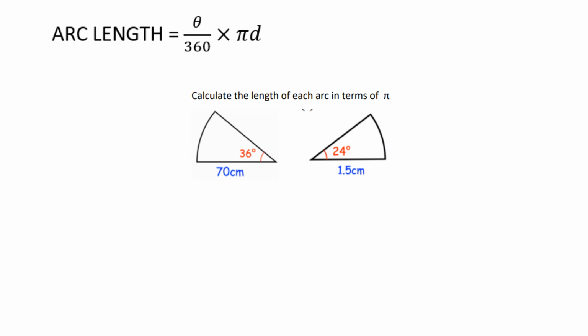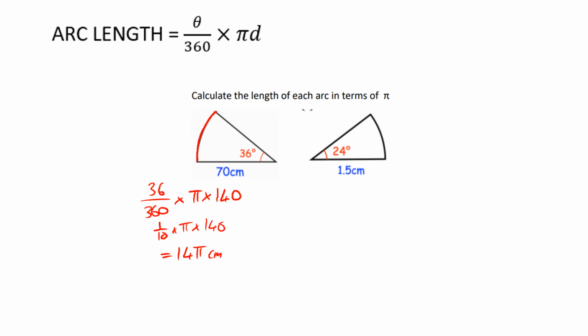Okay, so what else can we do? Well, we could find the length of the arc in terms of pi. So we're just trying to find this distance here. Let's stick it in the formula. So theta is 36 out of 360 times pi, and then the diameter, don't forget to double, is 140. So that will give us a tenth of pi times 140, which gives you a total of 14 pi.